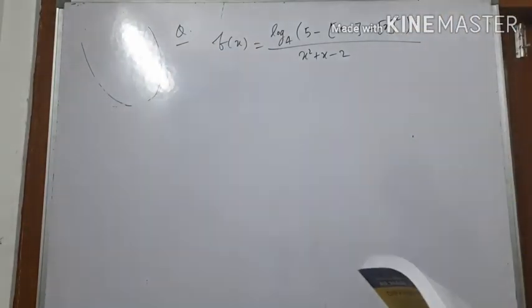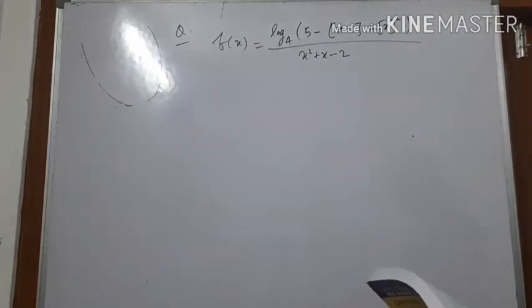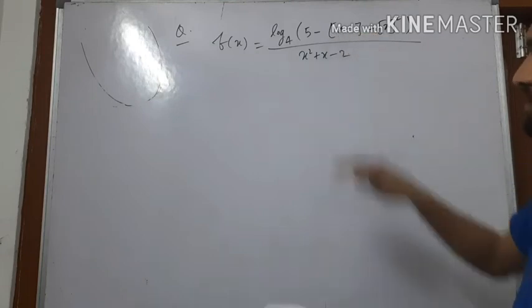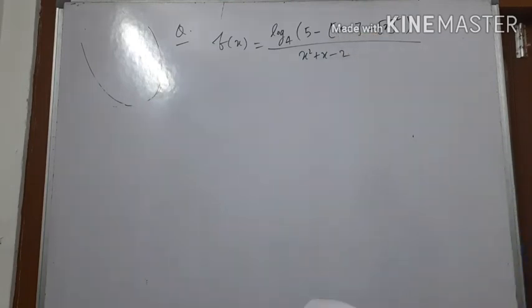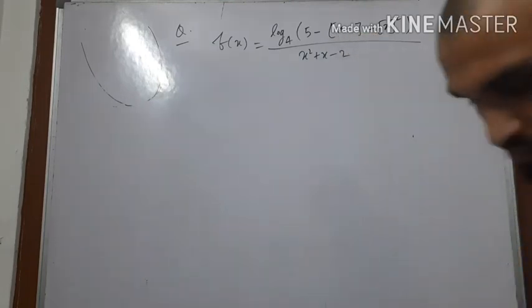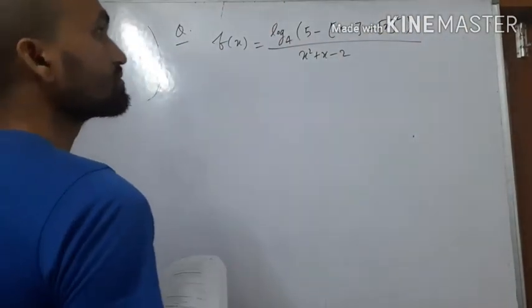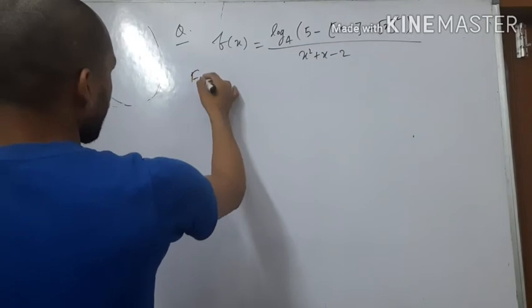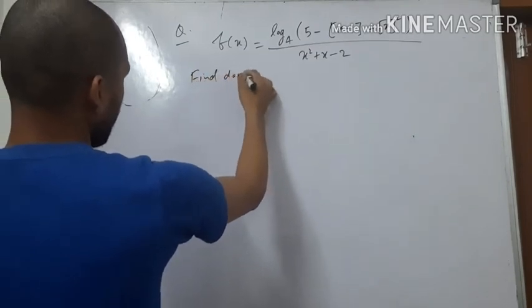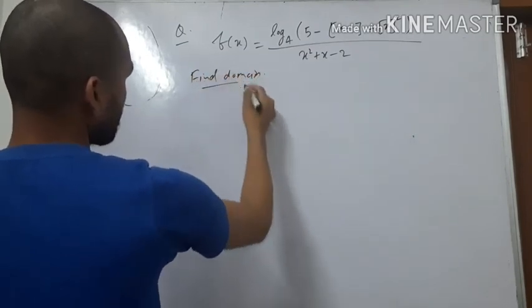We have to find the domain of the function where this bracket represents the greatest integer. Now find the domain. That's a good question.